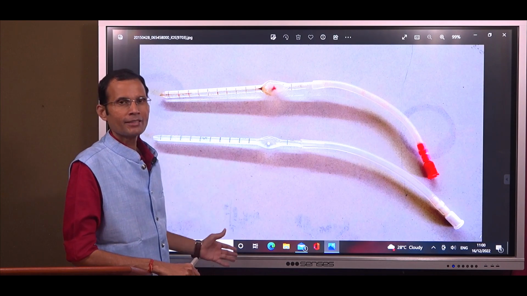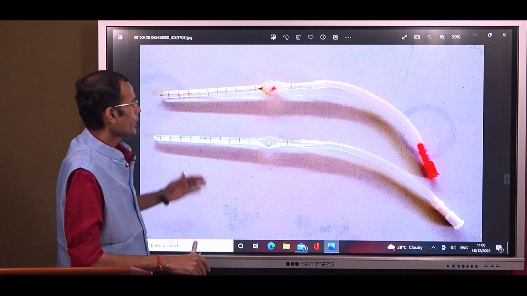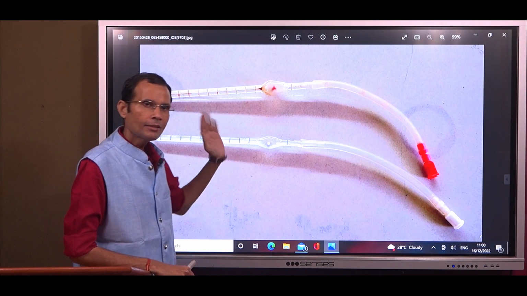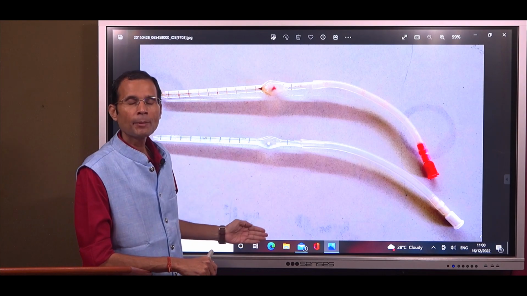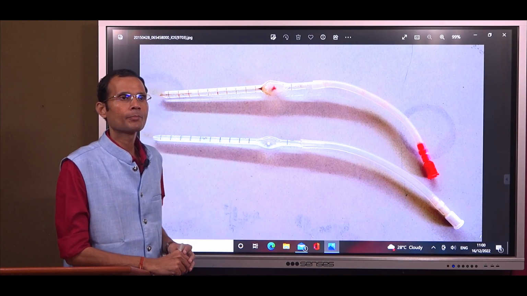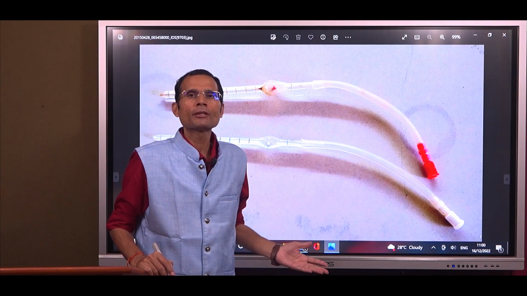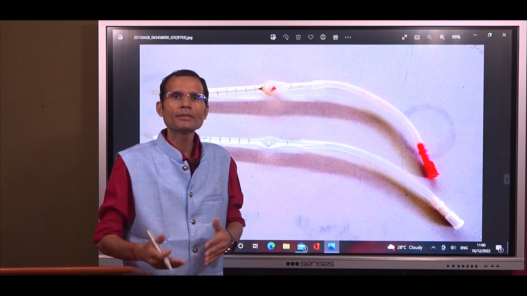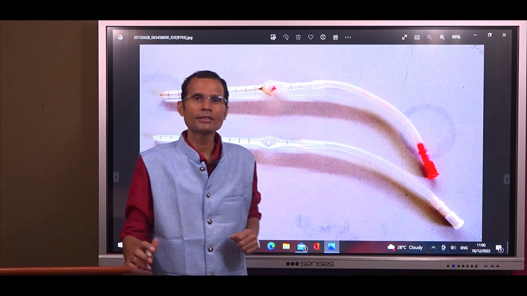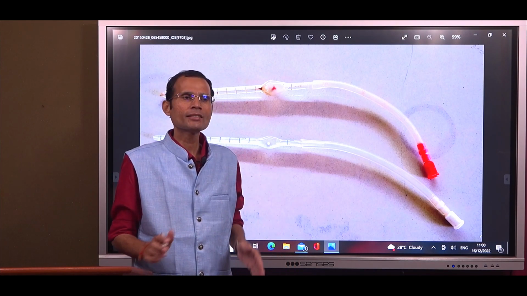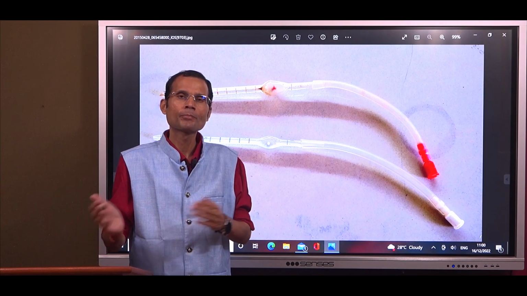Now coming to the pipettes used for the dilution of blood sample. These two pipettes can be seen here in the picture, the RBC pipette and the WBC pipette. Now, why do we need two different pipettes for RBC and WBC count? Can we not use just one dilution pipette? No. The reason is WBC count is 4 to 11,000 per cubic millimeter of blood.